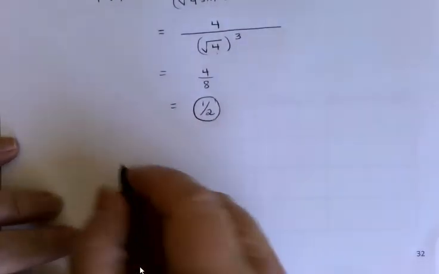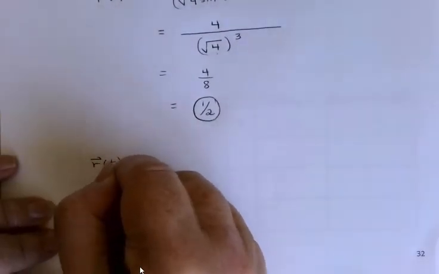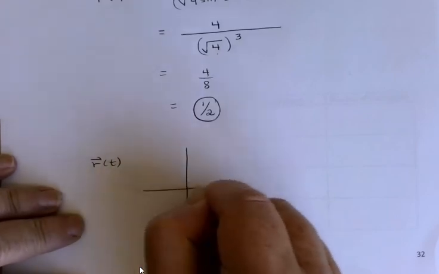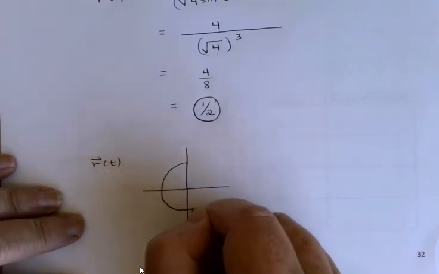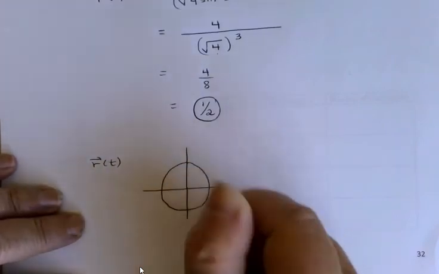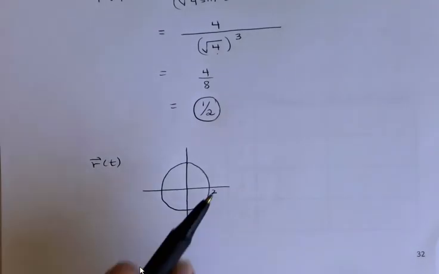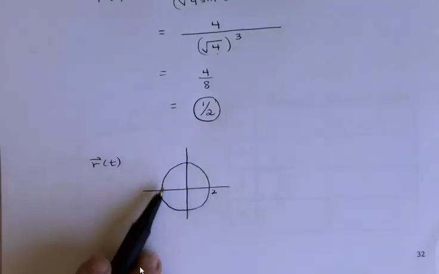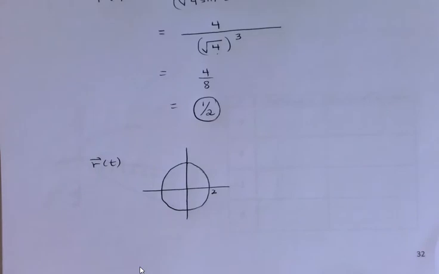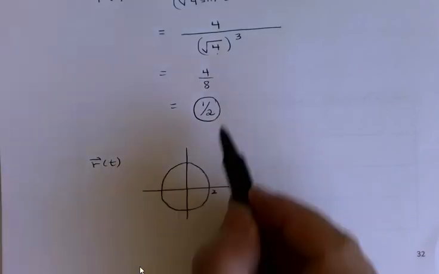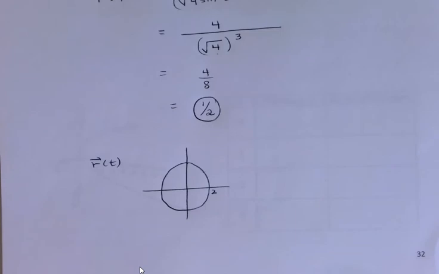So if I sketched a little graph of r of t, it's just a circle of radius 2. And indeed, it doesn't really matter where you look on this curve. It bends the same amount all the time. That amount of bend we're now defining as the curvature, 1/2.